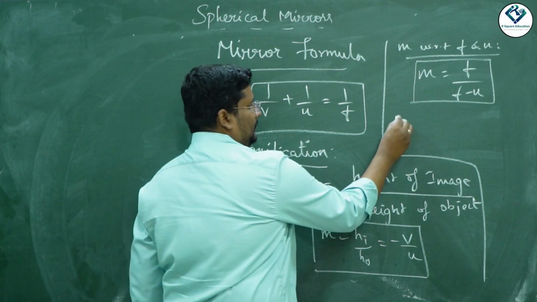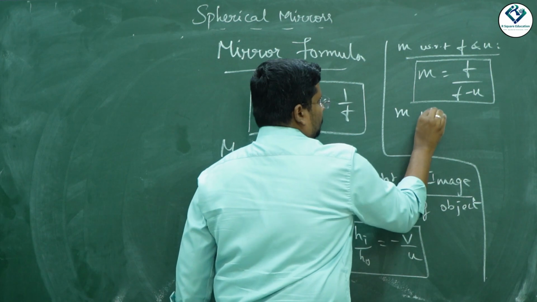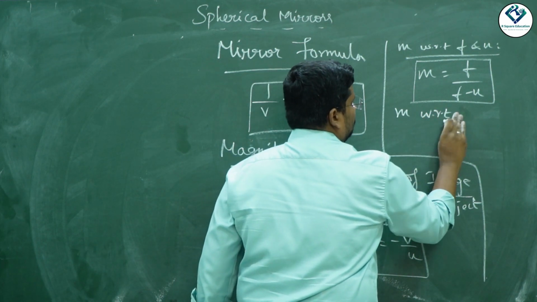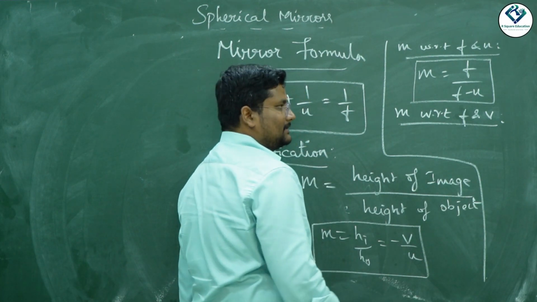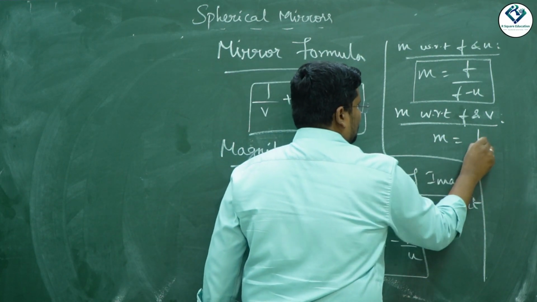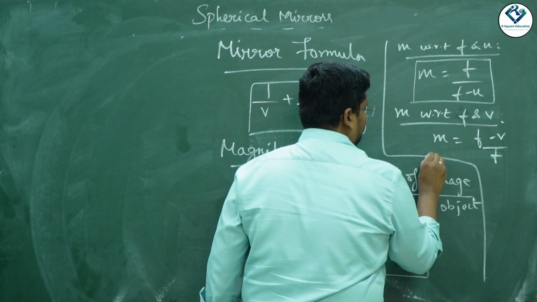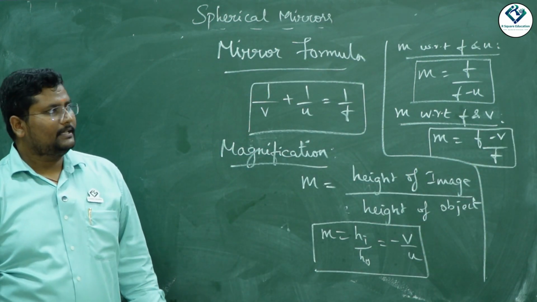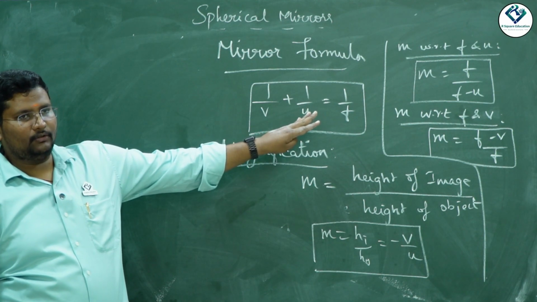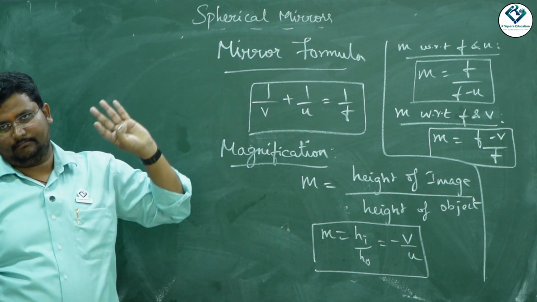If it is focal length and image distance, then the formula is going to be f minus v divided by f. Right? So these are the shortcut formulas which you can use directly to find the answer.